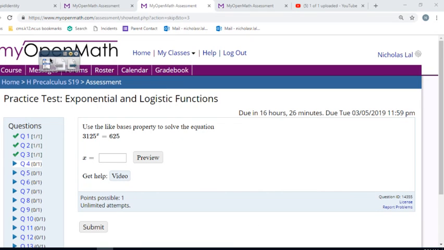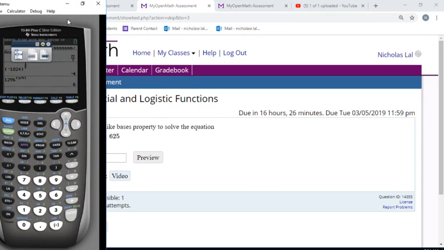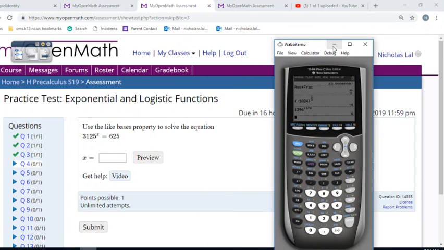Use the like base property to solve the equation. 3125 to the x is equal to 625. So I know 3125 must be 5 raised to something. So let's see, 5 raised to the 5th power is 3125, and I know 5 raised to the 4th power is 625.